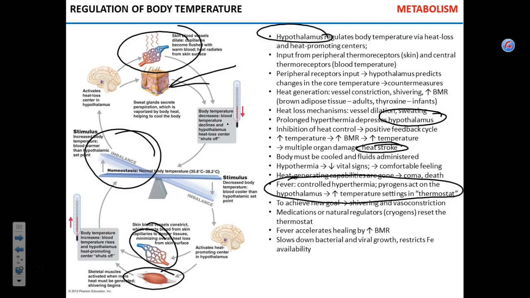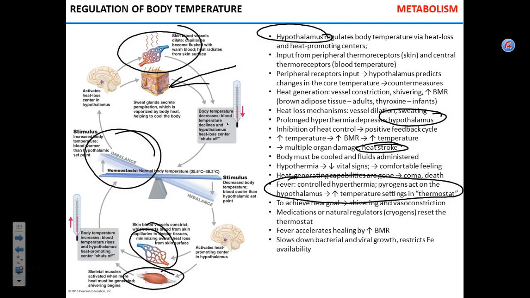And my thermostat right this second is set not on 37, which I am now, but at 39. How does the hypothalamus, with that changed setting, perceive this? If the setting is at 39, I'm still at 37. What am I supposed to do?